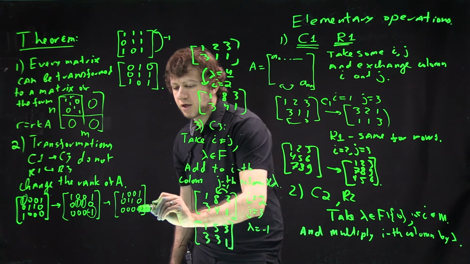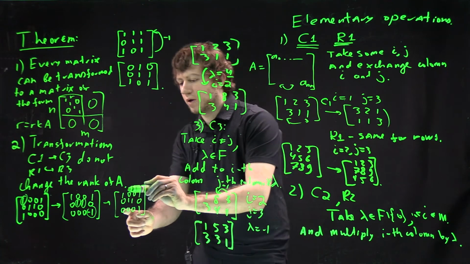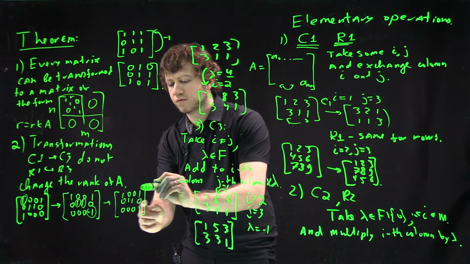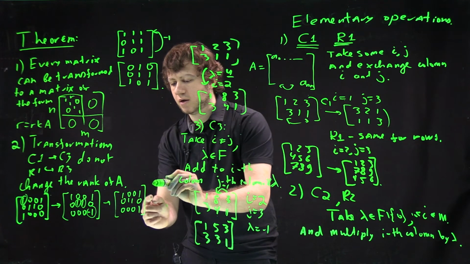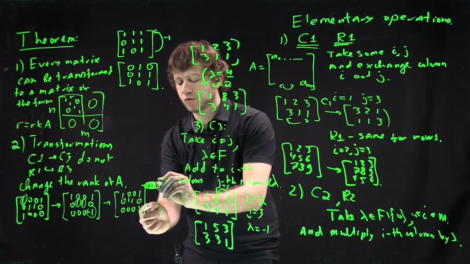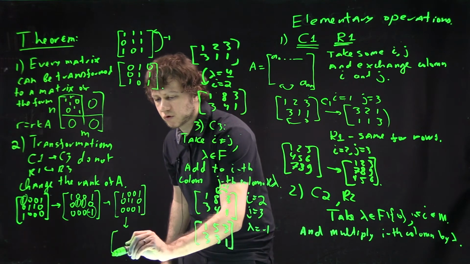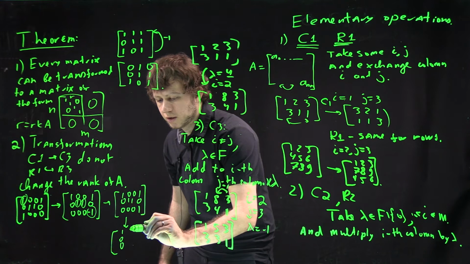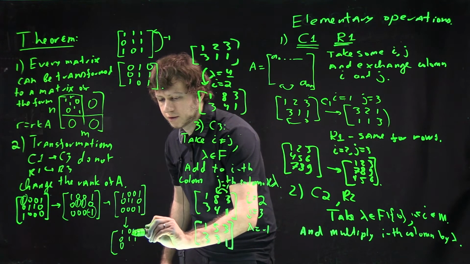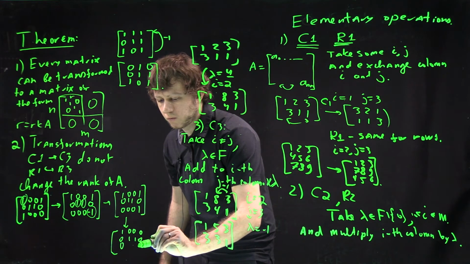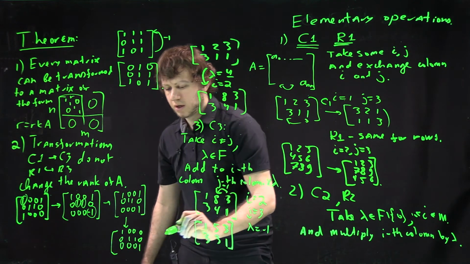And what I then start to do, I do the same with columns. So now I have 1 here, I can subtract it from every column to the right until I get all zeros. And so this moves to 1, 0, 0, 0, 1, 1, 0, 0, 0, 1, 0, 0.